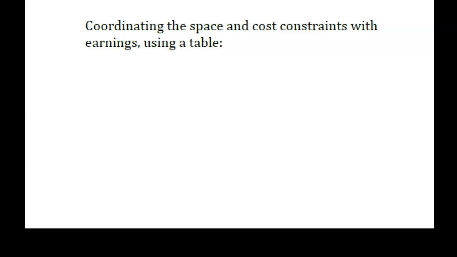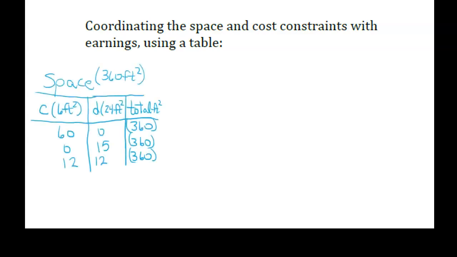Next, we're going to look at coordinating the space and the cost constraints with the earnings using tables. The first table is, again, just looking at the space constraint. We have a total of 360 square feet available. Each cat pen requires 6 square feet of space. Each dog run is 24 square feet of space.